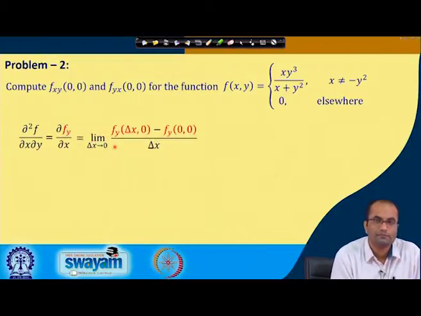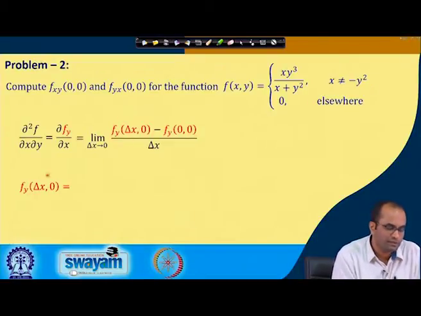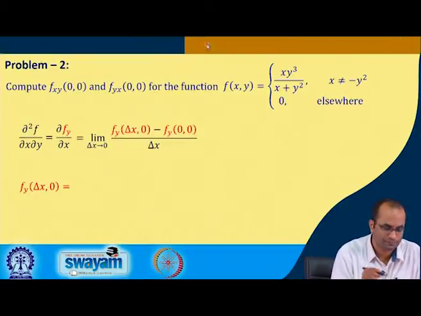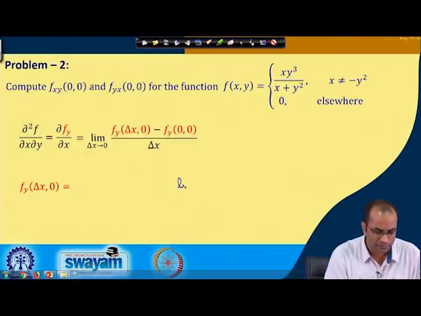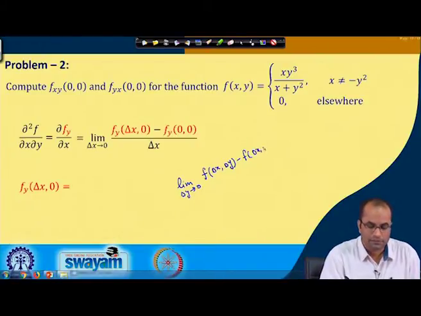As per the definition, we have f_y(delta x, 0) minus f_y(0, 0) over delta x, and similar to the earlier example, we need to compute now this f_y(delta x, 0), which will be the limit here as delta y goes to 0, and the delta x will not change, and we have f(delta x, 0 plus delta y) minus f(delta x, 0) divided by delta y.